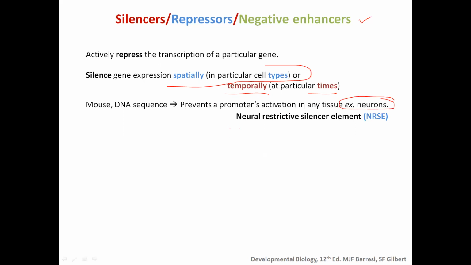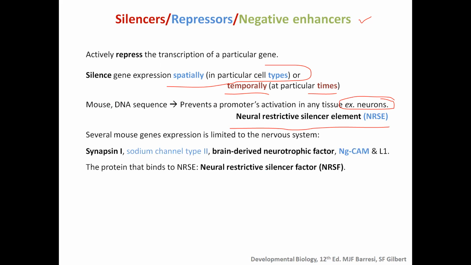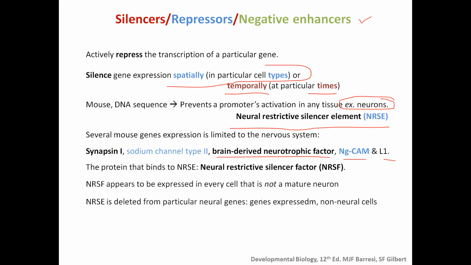This is called the neural restrictive silencer element, NRSE. Several mouse genes whose expression is limited to the nervous system include synapsin, sodium channel type 2, brain-derived neurotrophic factor, NCAM, and L1. The protein that binds to NRSE is called the neural restrictive silencer factor, or NRSF.